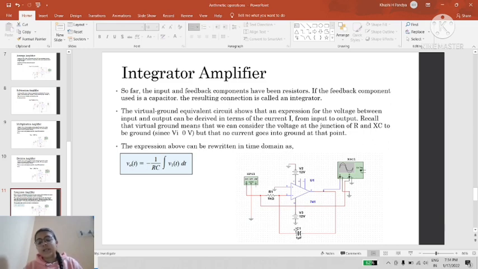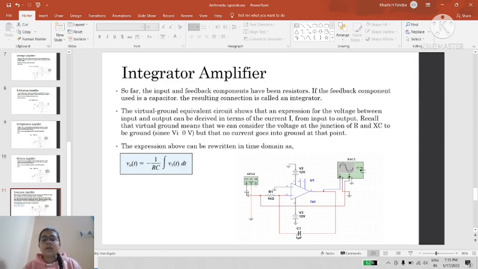So we have connected a capacitor, so its resistance is equal to XC, and by theory we got our output voltage equal to minus of 1 upon R into C and integration of input voltage with respect to time.